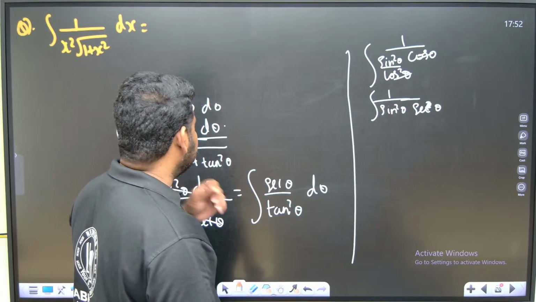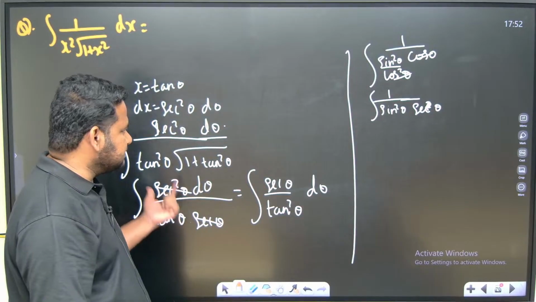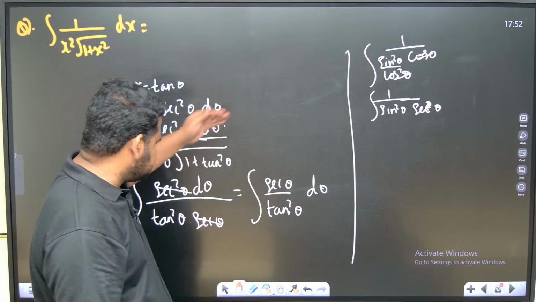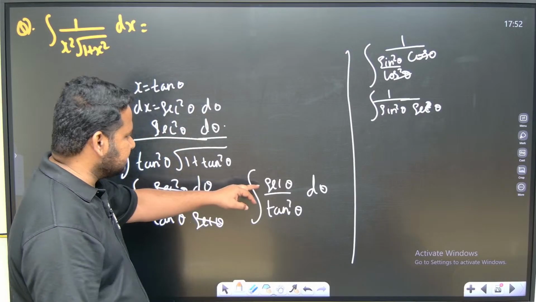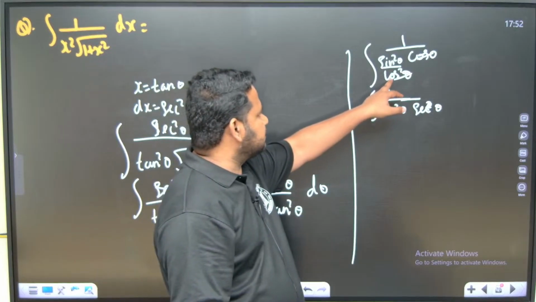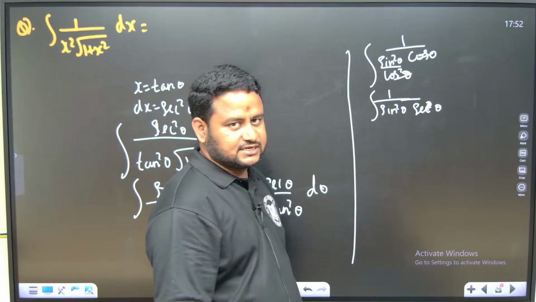Tan square theta can be written as sin square theta by cos square theta, so I will get just 1 by sin square theta into secant theta d theta.